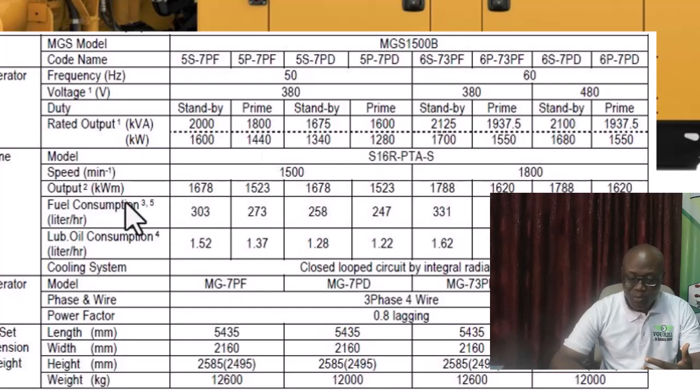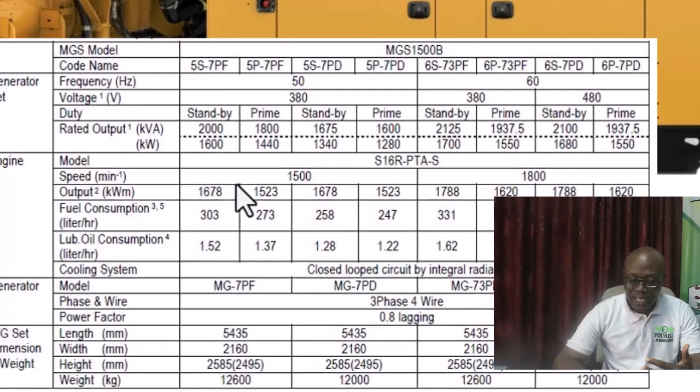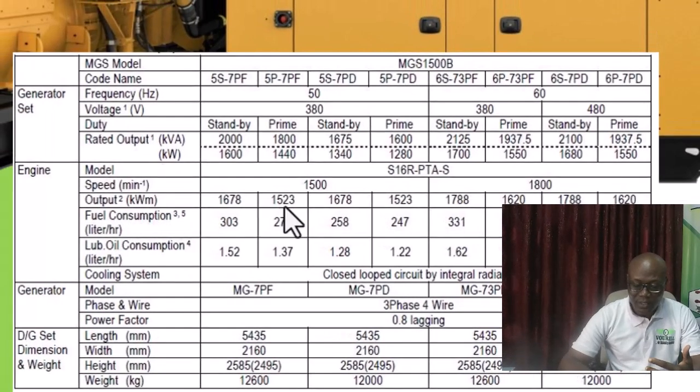Then when you come to the engine, you see the output power of the engine. Then you see the fuel consumption that we discussed earlier. Are we getting it? This is the fuel consumption in liters per hour. So you have to compare this with that from another supplier or manufacturer to determine the one that will be good for you.